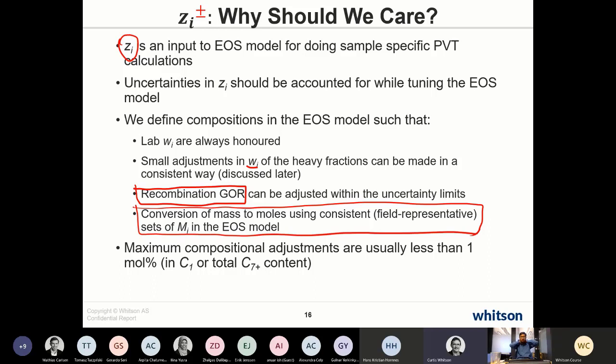But when you have 10, 30, 50, 100 samples, the PVT data for each sample is going to have a different level of uncertainty. So, a backdrop, a little bit of history on this. And we find it very, very important to developing these multi-sample EOS models. Thanks, Curtis.